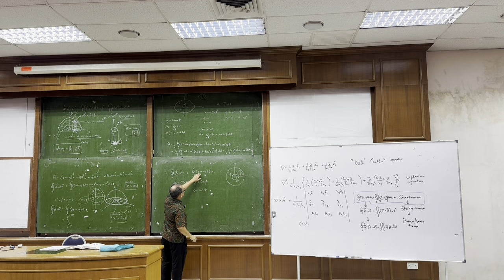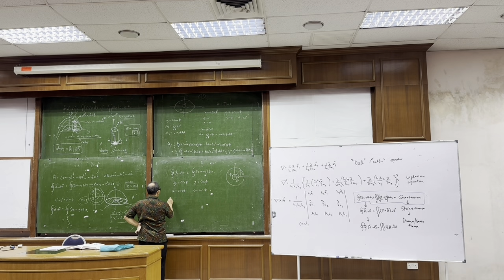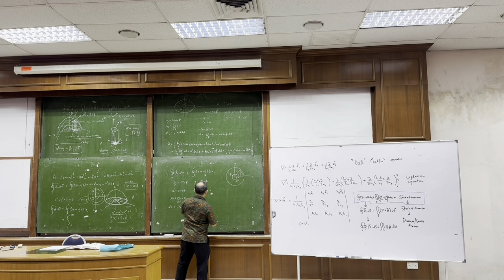We plug x and y in there, but for dx we use the chain rule: dx is negative sine phi d phi. So you plug into here.